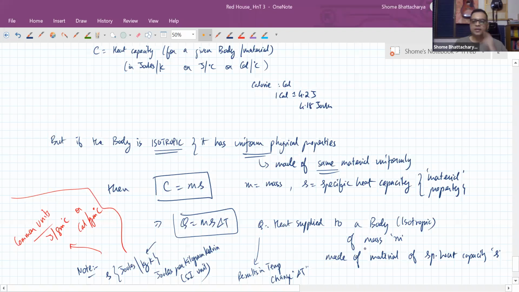Now, whatever is the value in joules per Kelvin, same will be the value in joules per degree C, because the temperature change of 1 Kelvin is the same as the temperature change of 1 degree C. So joules per gram degree C for specific heat capacity is the same thing as joules per gram Kelvin.